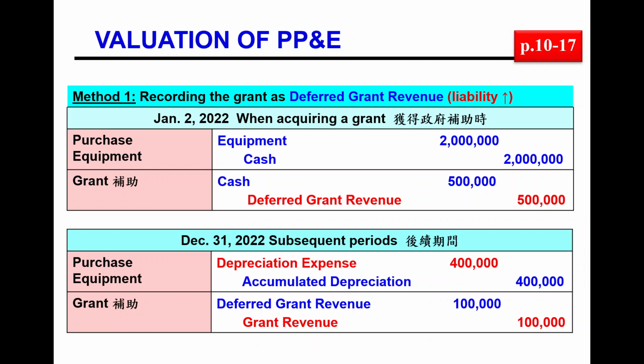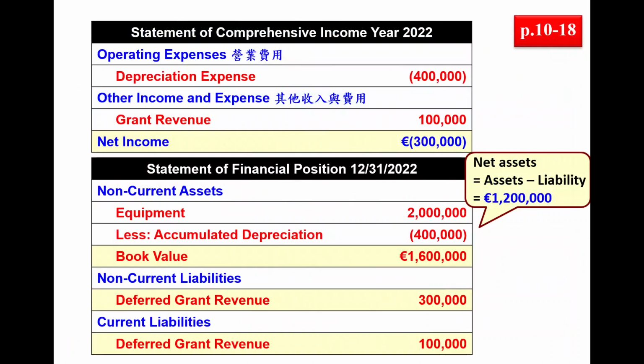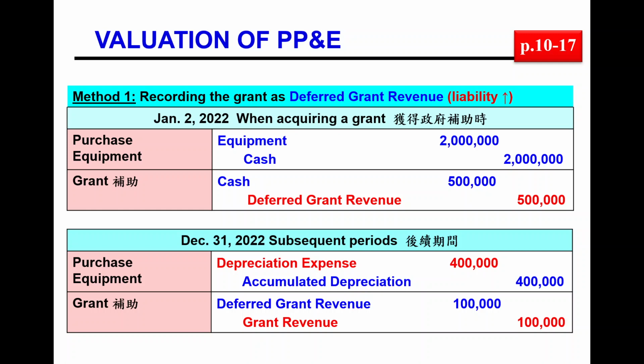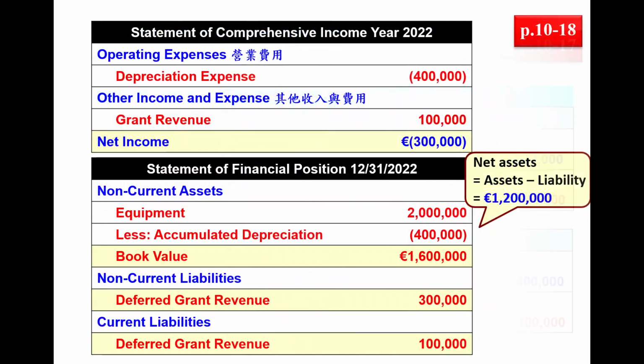Okay, any questions? And don't forget, also quite important, how we report the numbers on our financial statements. This is the key point, right? Because we know the process, but the most important thing for you is how they show on your financial statements.